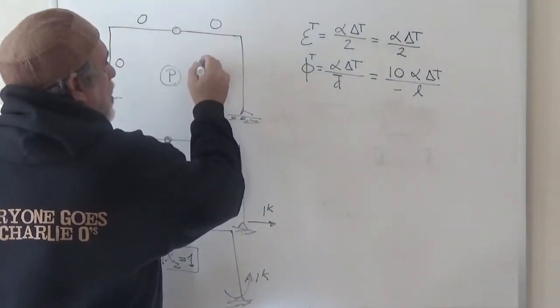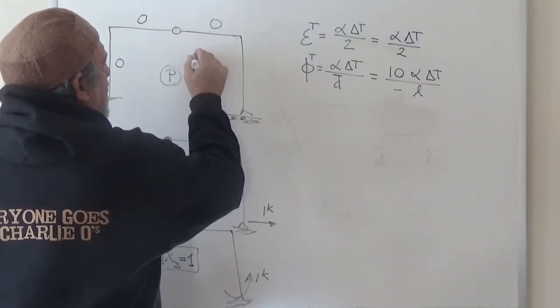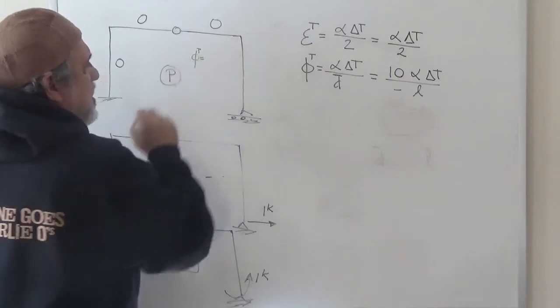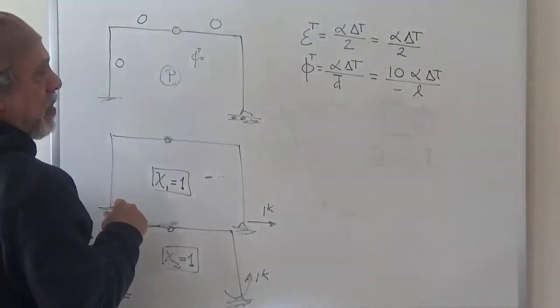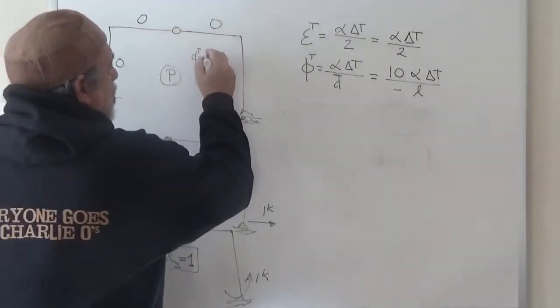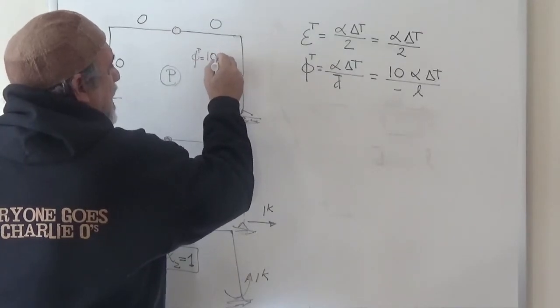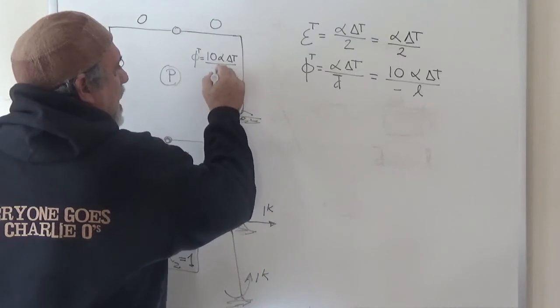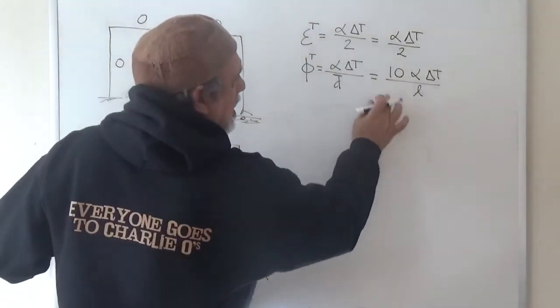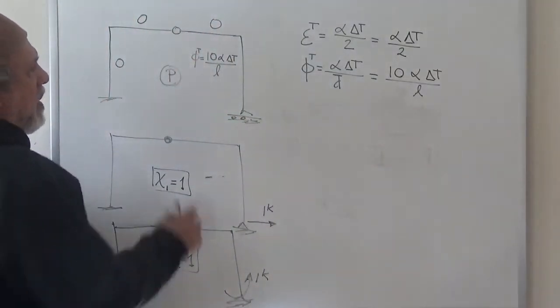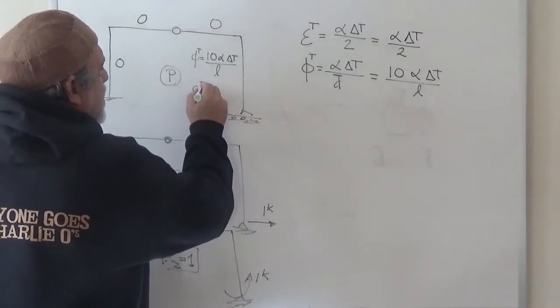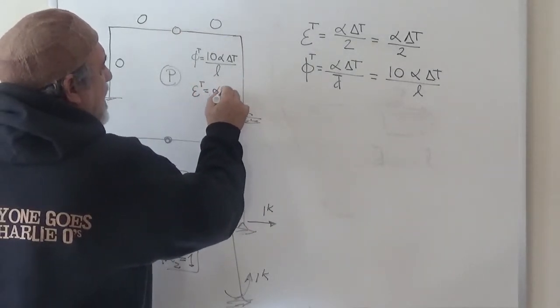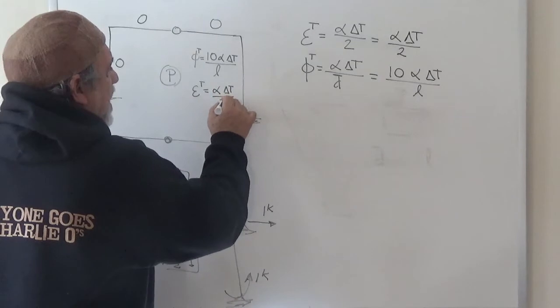And I say phi, which is the same thing as MP over EI, right? It's equal to 10 alpha delta T over L. And my axial strain due to temperature here is alpha delta T divided by 2.